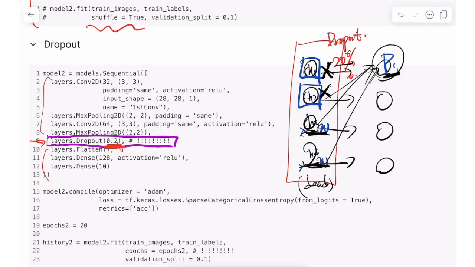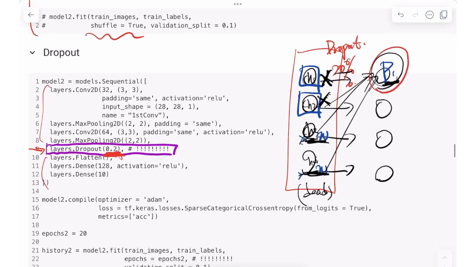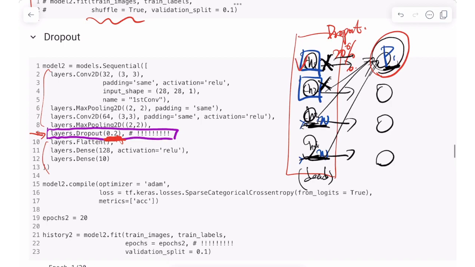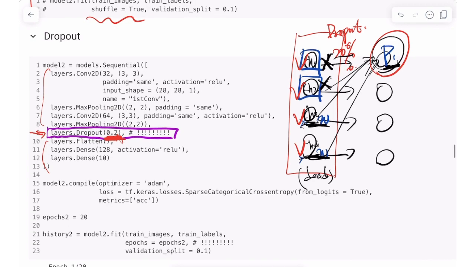Because P1 has an activation function, if we have information from H1, H2, H3 and H4, which are all strong, it is okay. We have an activation function, so it will still output a very large number even if some neuron is randomly dropped out or is dead.